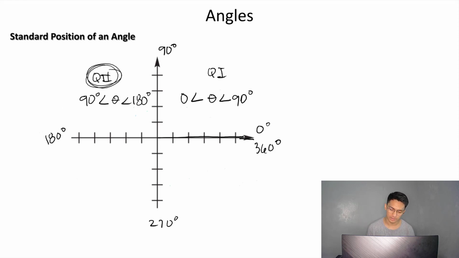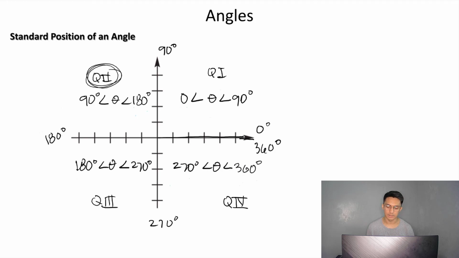This is the quadrant 3 naman. This is the quadrant 4. And dito naman, we have 180 degrees less than theta, lahat ng theta na nasa quadrant 3, less than 270 degrees. And sa quadrant 4 naman, we have 270 degrees less than theta less than 360 degrees.